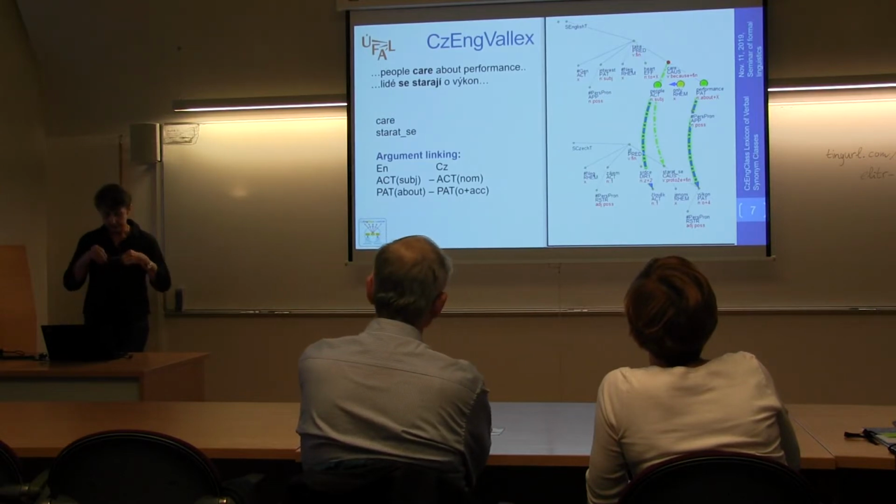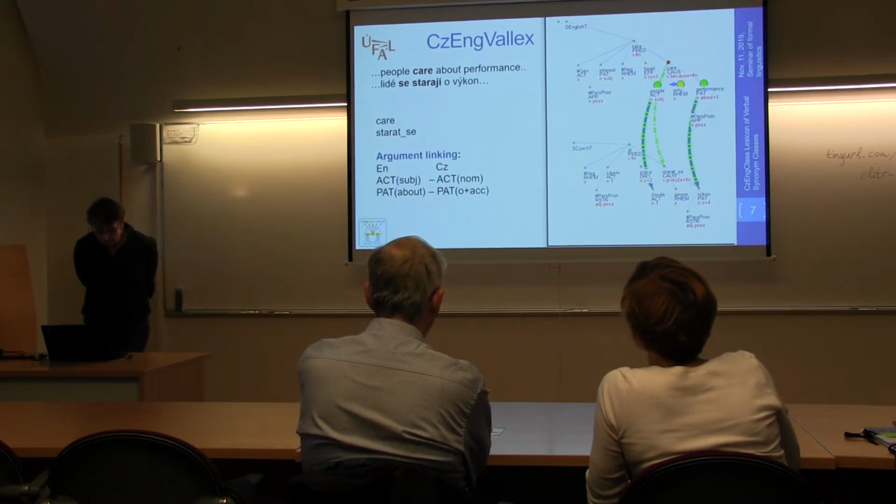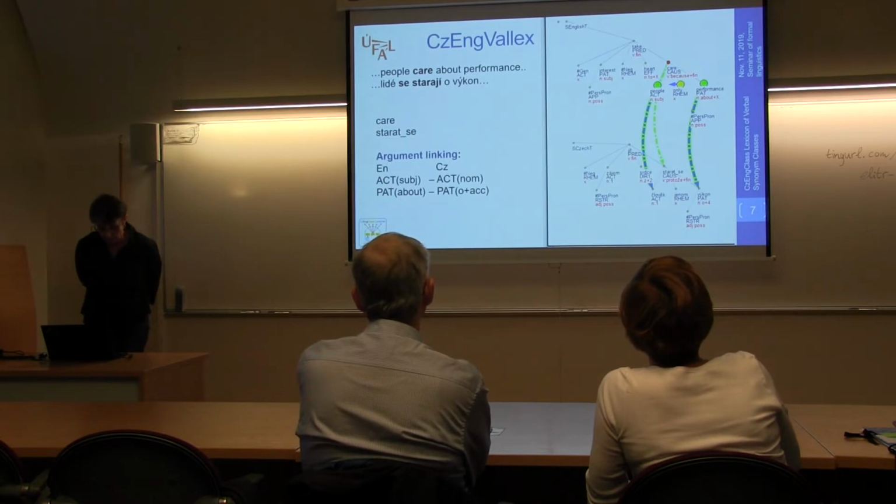So on the right-hand side here, you see again the tectogrammatical annotation. On the top is the English sentence, and below is its Czech translation. The English sentence contains the clause "people care about performance," and it's translated to Czech as "lidé se starají o výkon," and you see those arrows.